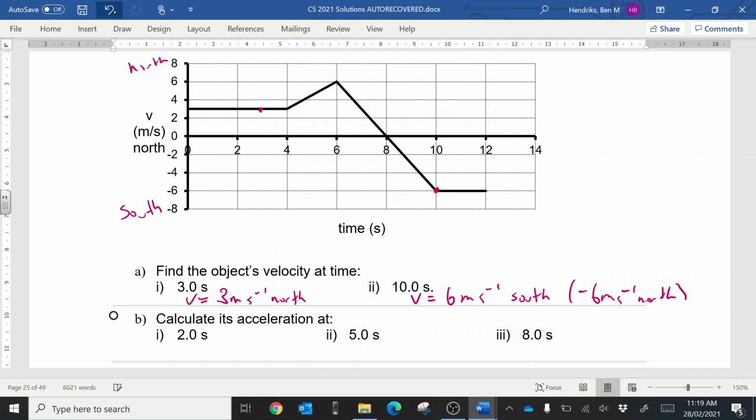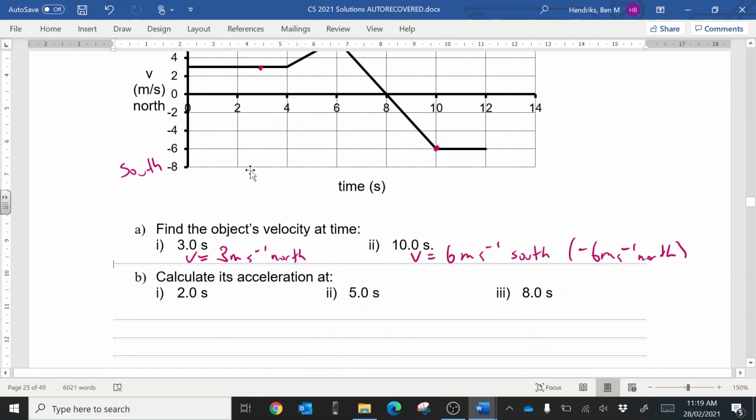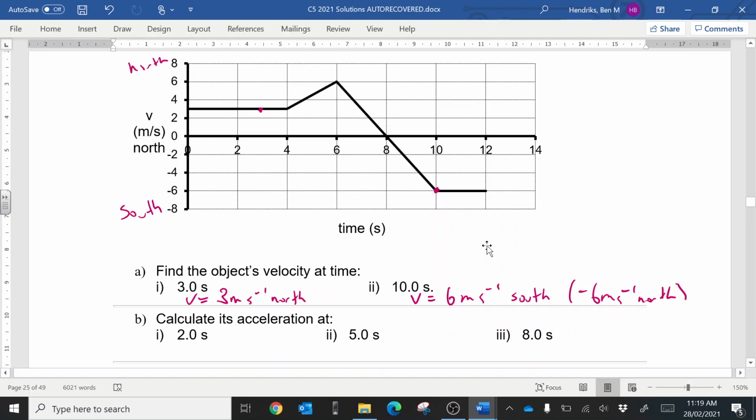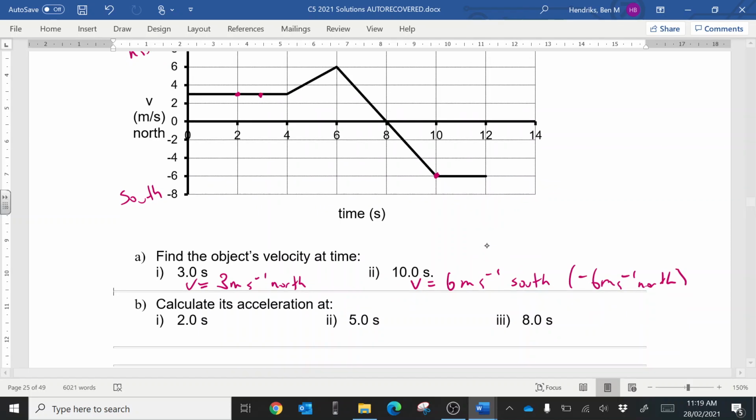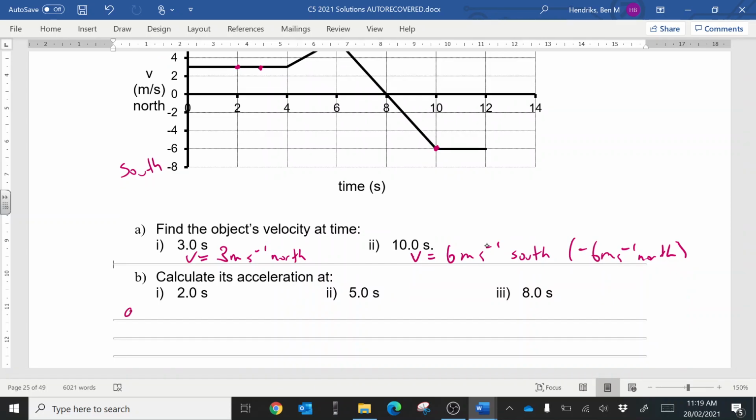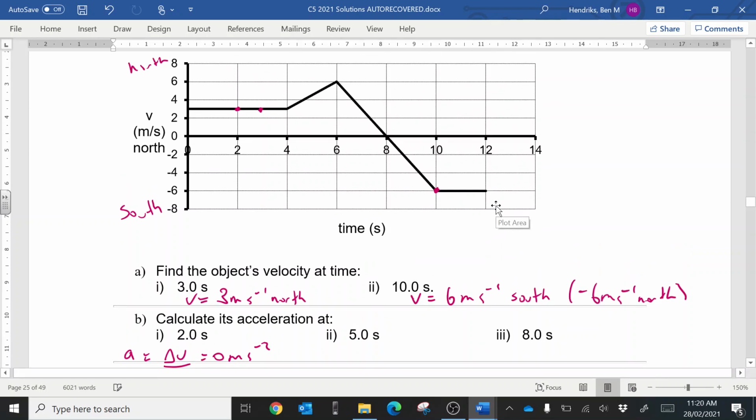All right. So calculate the acceleration at 2 seconds, 5 seconds and 8 seconds. 2 seconds is here, and it's a flat line, so the acceleration, which is always equal to change in v over change in t, equals 0 meters per second squared. At 5 seconds it is along there, so we need to calculate the rise over the run.